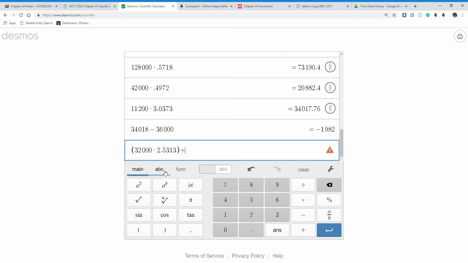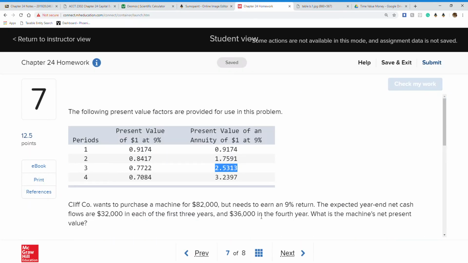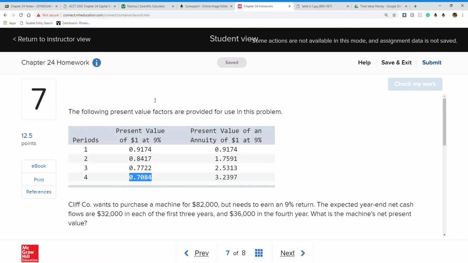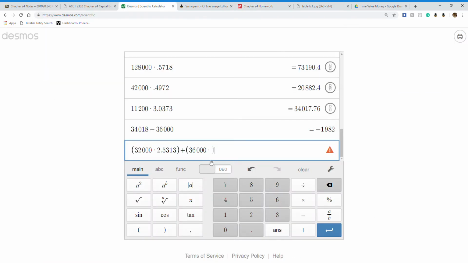Next, I'm going to add our 4th year. And our 4th year was a different amount. So we have to use present value of $1. So 36,000 times our present value, 0.7084. Ain't that lovely? Okay.